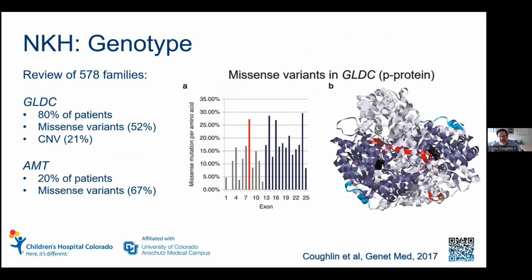In these patients, we saw what was already in the literature, just with a lot more patients: the majority of patients have mutations in the GLDC gene, and there were a significant number of patients who had copy number variation. In fact, a couple of patients were compound heterozygous for copy number variations.